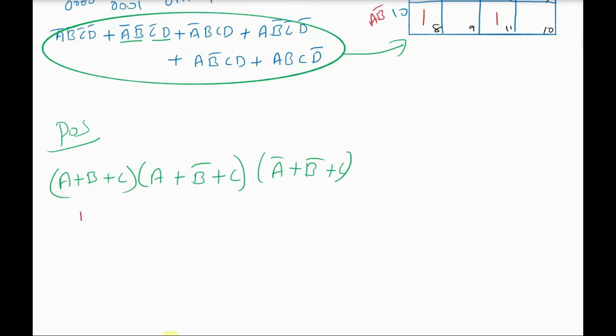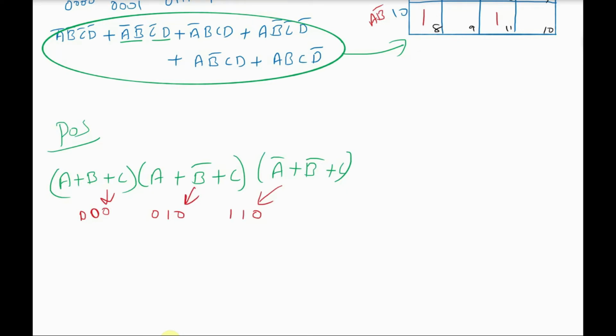This is 0, 0, 0. In POS expression, if there is no bar, then it is 0; if there is bar, it is 1. Here it is 0, 1, 0, as B has a bar. And here A has bar 1, B has bar 1 and C has no bar, so it is 0. So the corresponding values are 000, 010, 110.